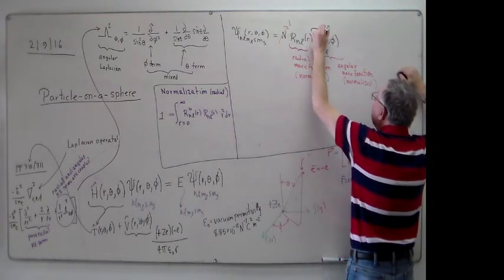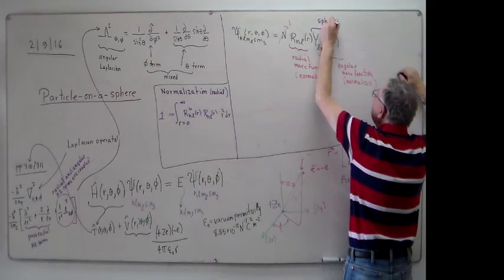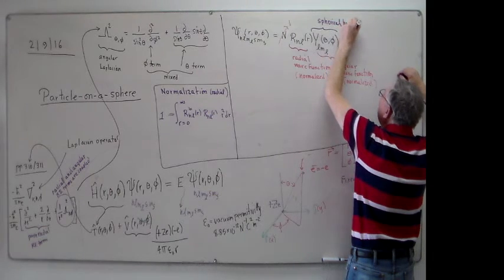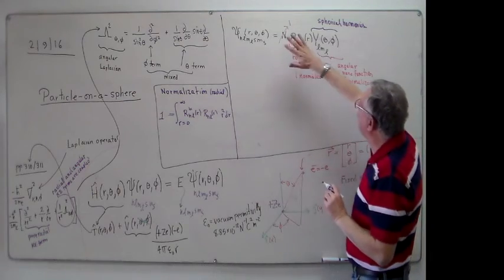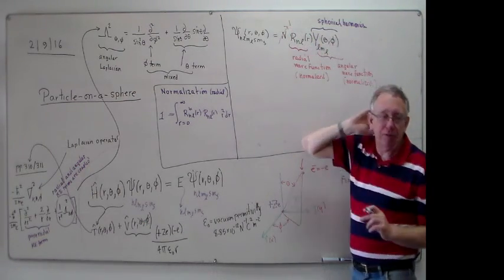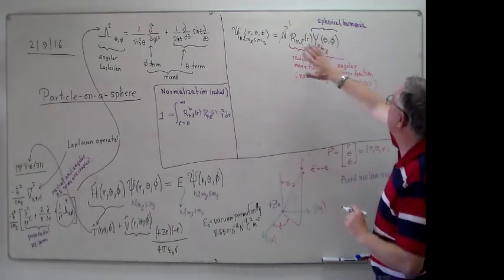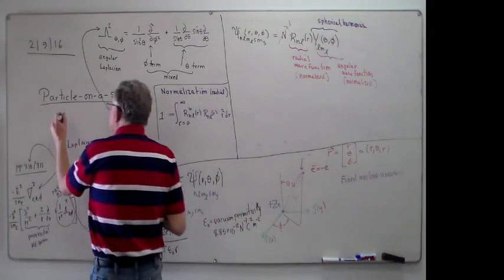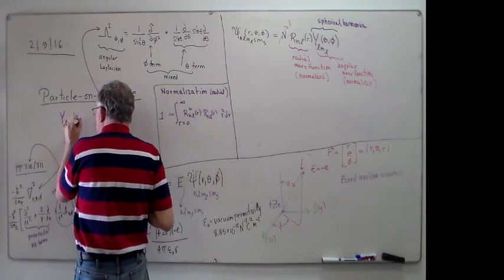These things have a special name, they're called the spherical harmonics. And for particle on a sphere, the Y L m sub L, theta, phi's are the wave functions. In other words, if we were just dealing with particle on a sphere, their wave functions would be Y L m sub L, theta and phi.